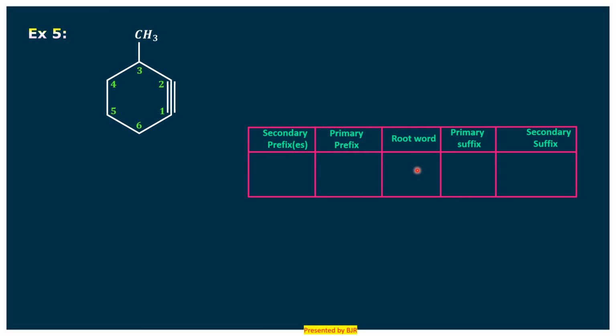Okay, so root word: 6 carbon atoms are there in the ring, so the root word is hex. Primary suffix: triple bond is there, so it is ine. Next, primary prefix is cyclo. There is no secondary suffix. Why? Because no functional group is present. Next, methyl, a secondary prefix substituent, is there.